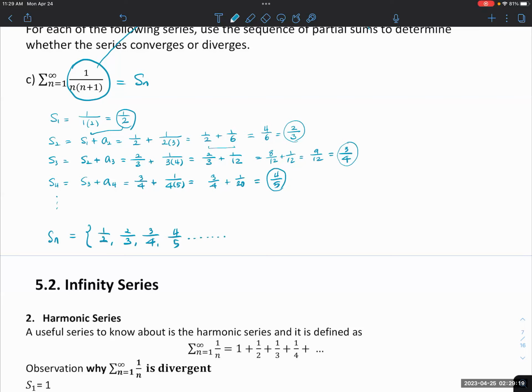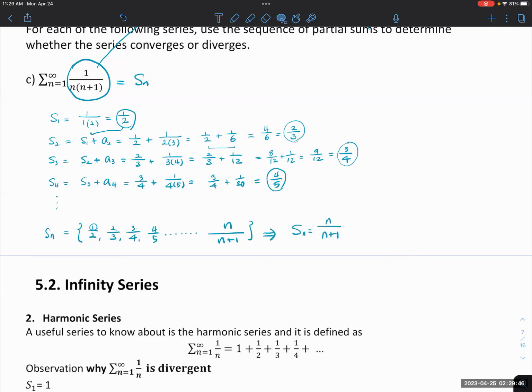What is it? 1, 2, 3, 4. The numerator just keeps adding 1, beginning with 1, so n. The bottom one is n plus 1. If n is 1, it's 2. If n is 2, exactly, this is the form. So Sₙ, the general form, is n over n plus 1.